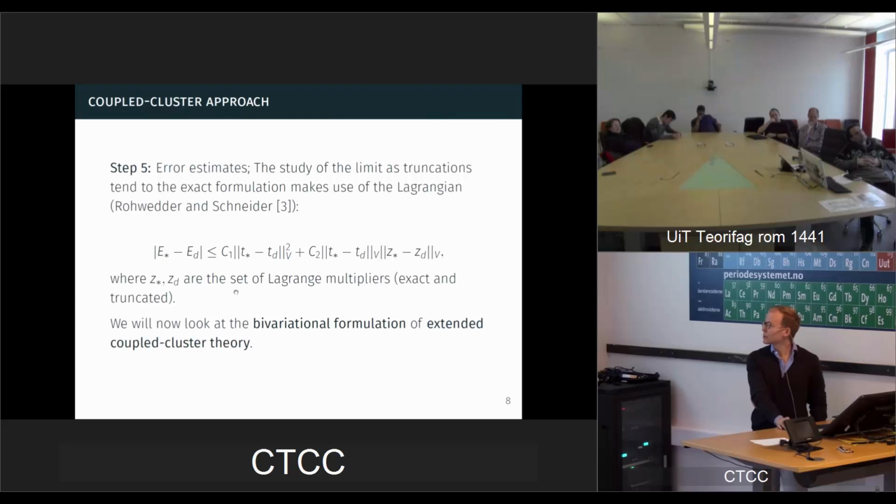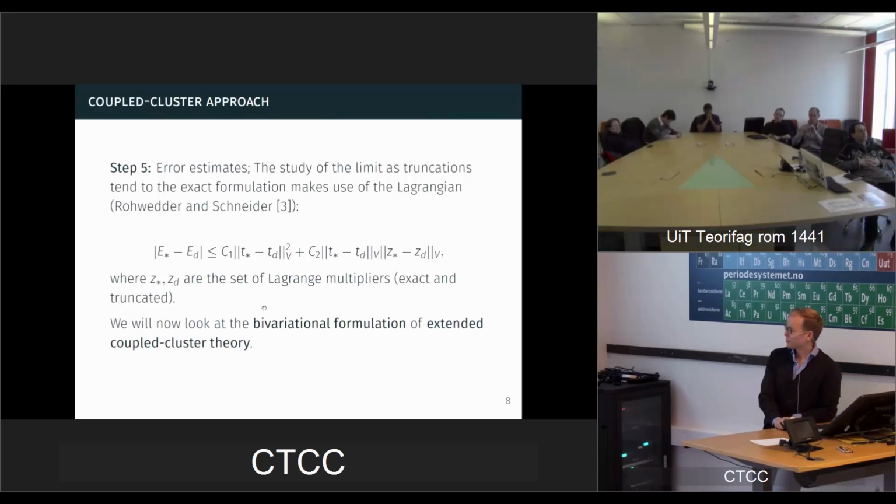This is a bit tricky to do because you have an optimization problem with a constraint, so you have to qualify the constraint. That they managed to do, and actually show that you have this kind of energy estimate. So this is the cluster amplitudes, and also you have this Z here, which is the Lagrange multipliers.